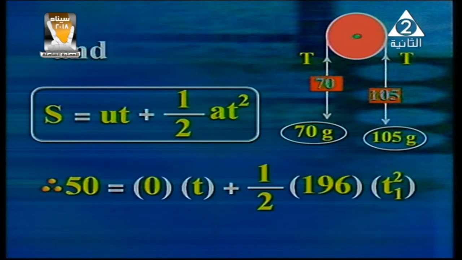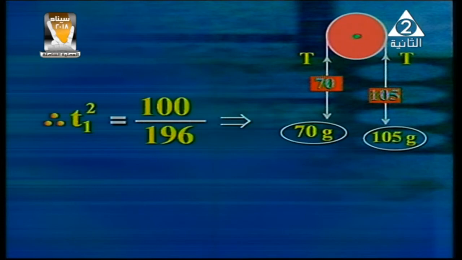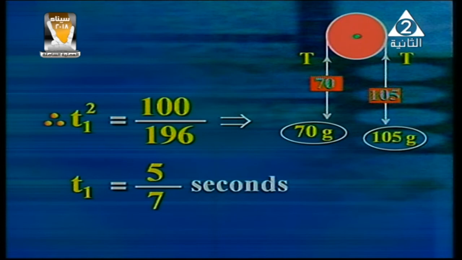By substitution, S equals 50, initial velocity 0 and a is 196, to find the value of t. Then t squared equals 100 over 196, so t1 equals the square root of 100 over 196, which equals 5 over 7 seconds.